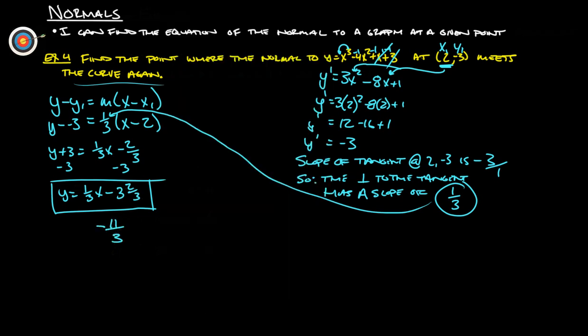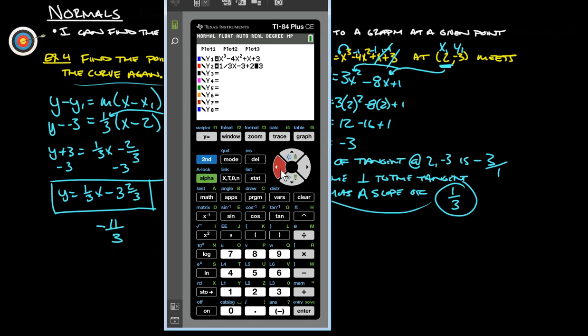So it's minus 11 thirds. Let's put that in there instead. That will make it look a little nicer. Sorry, it's a little glitchy. Minus 11 thirds. There, that's going to give us a better chance of having this correct.